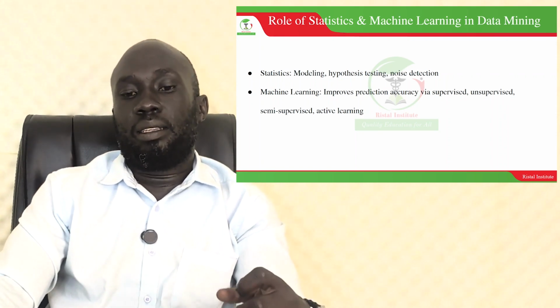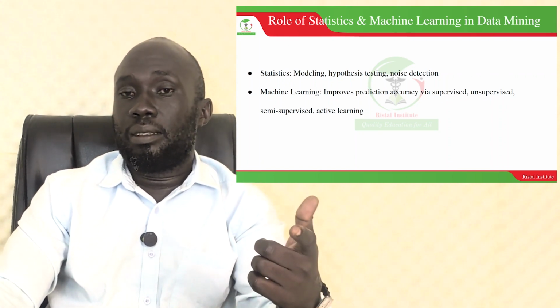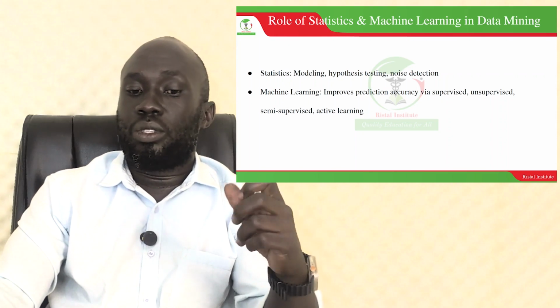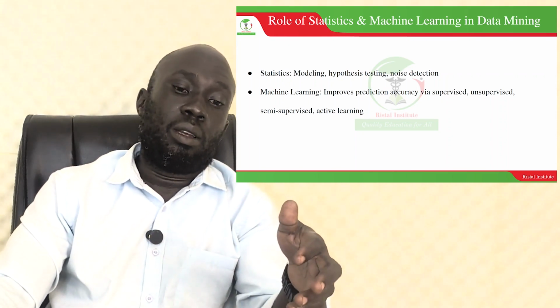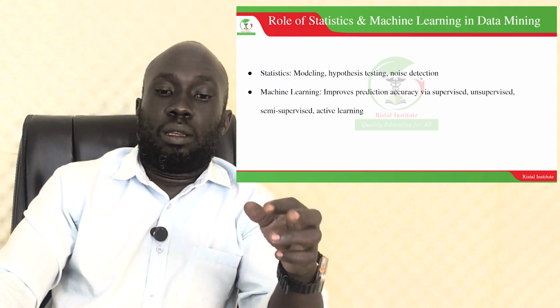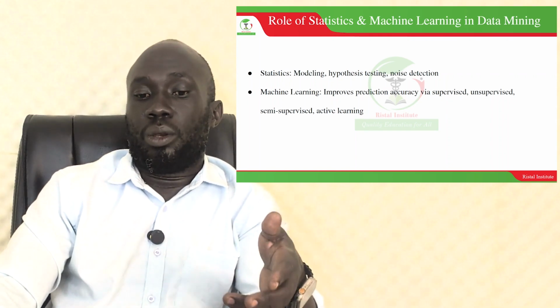And then machine learning improves prediction accuracy via supervised, unsupervised, or semi-supervised active learning. Remember, we said machine learning is a type of AI that helps systems learn on their own.